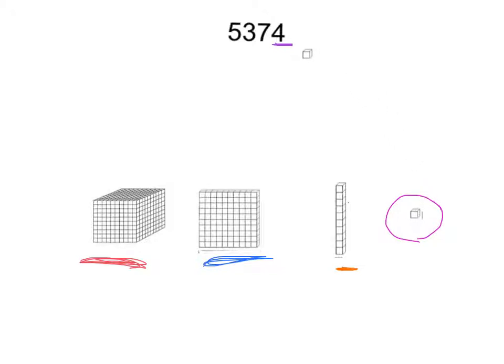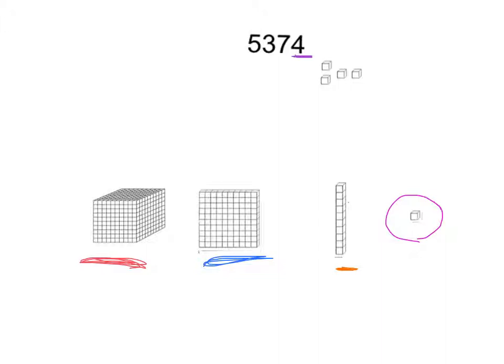So we will need 1, 2, 3, 4 ones blocks to represent the 4 in the number 5,374.